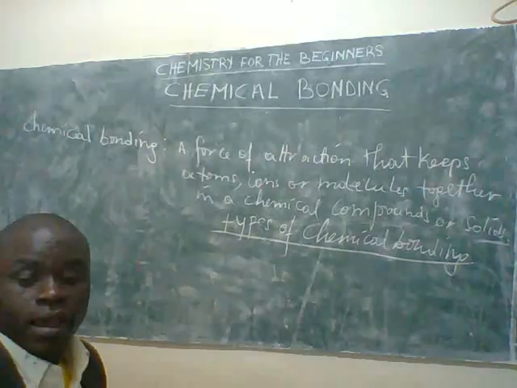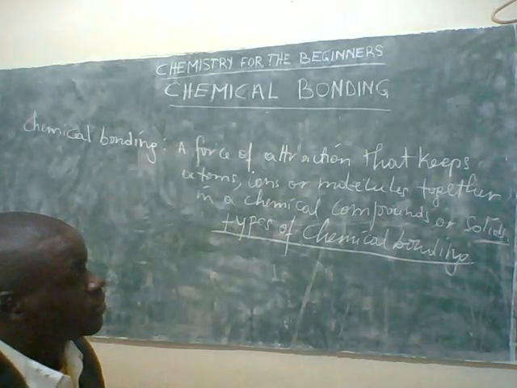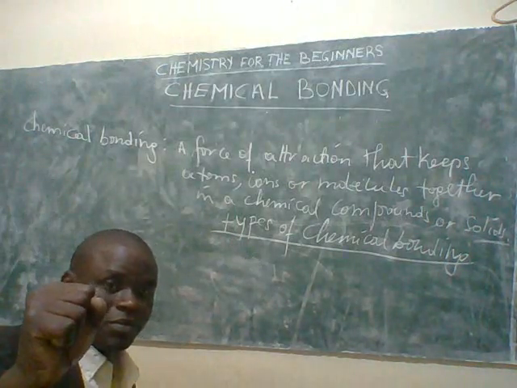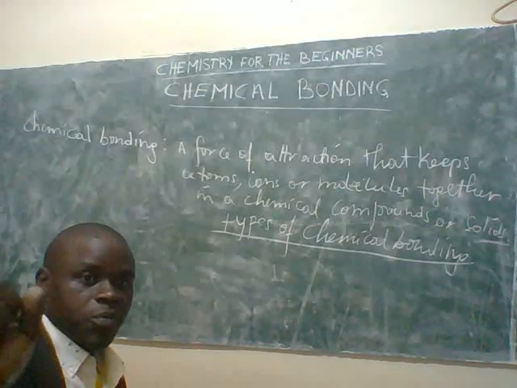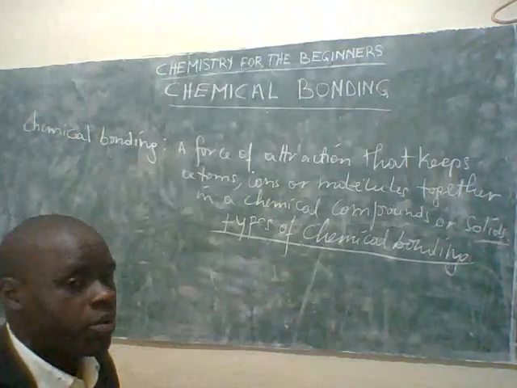So in chemical compounds, we have, we prioritize it, 5 types of chemical bonding.